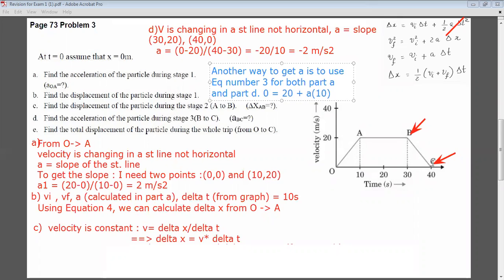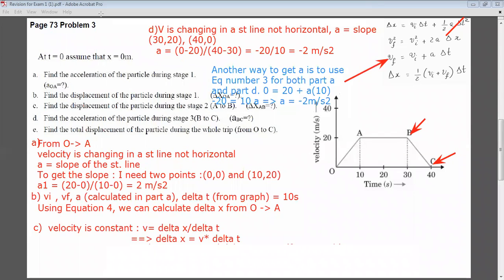So V final, that is V of C, is 0. It's equal to V of B, which is 20, plus A times 10. If we solve this, we will get minus 20 equals 10A, which implies A equals minus 2. So I got the same answer. I can either solve it using the slope, or I do it using equation 3.